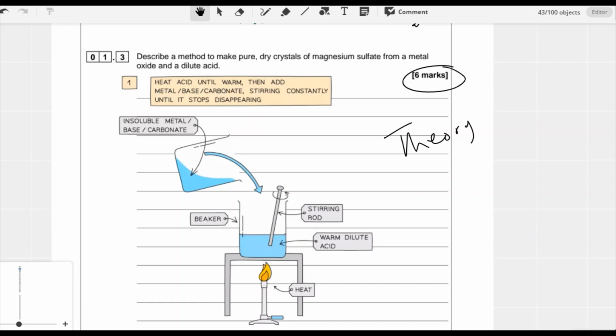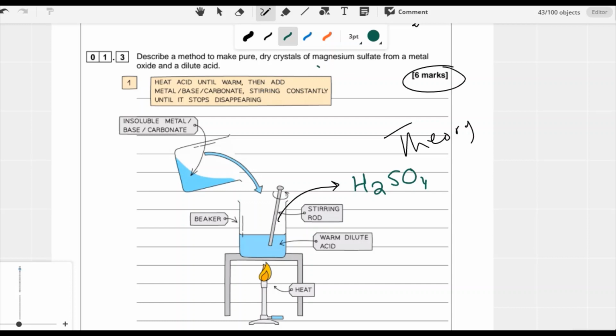It means in the beaker we need to take the acid, that is H2SO4, and we need to form dry crystals of magnesium sulfate.